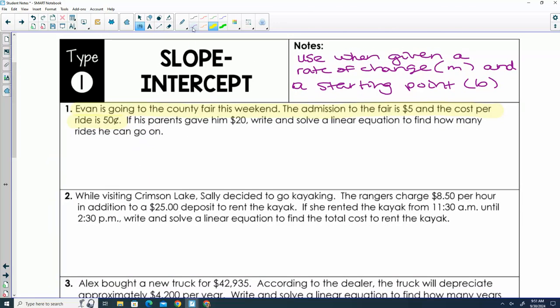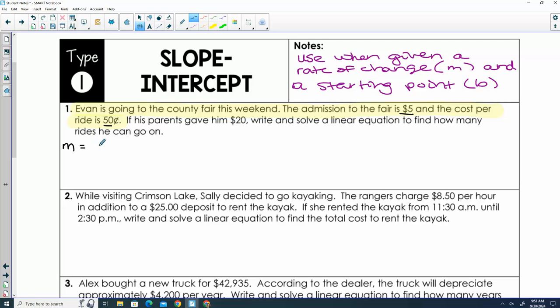What is the slope? The thing that happens repeatedly. We have two things, the admission fee and the 50 cents, right? Which one are you going to have to pay more than once? The 50 cents. Every time you ride a ride, you pay 50 cents. So that is my slope.